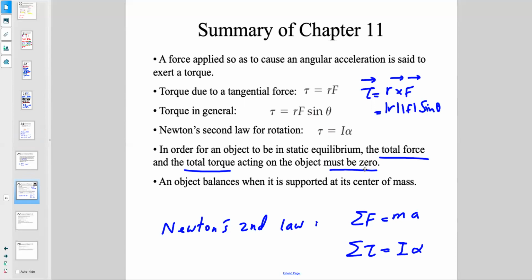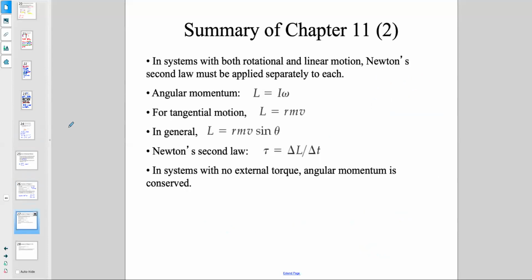An object balances when it is supported at its center of mass. So in systems with both rotational and linear motion, both of them are present. For example, a bus wheel is rotating, or you have a sphere that is moving from point 1 to point 2, but it's also rotating at the same time.